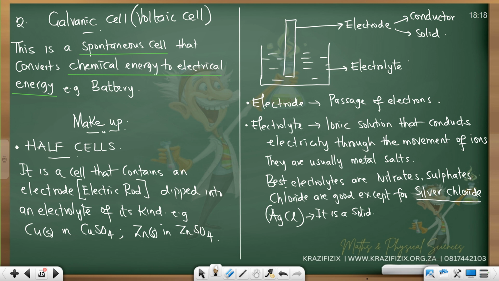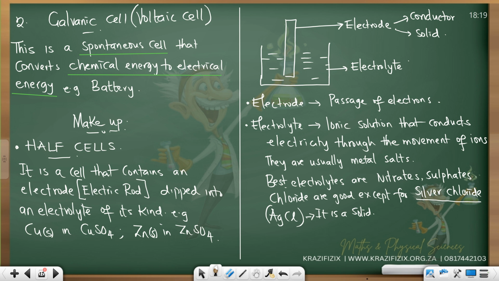The electrolyte is an ionic solution. Examples: copper sulfate, zinc nitrate, silver nitrate, not silver chloride. Please, in your notes, highlight silver chloride for me. I will keep ringing that bell until you write it. You won't hear me say silver chloride after you have written it, but we will keep mentioning it.